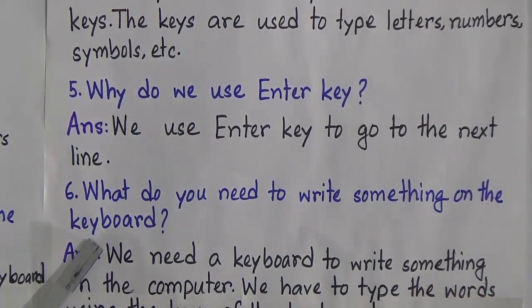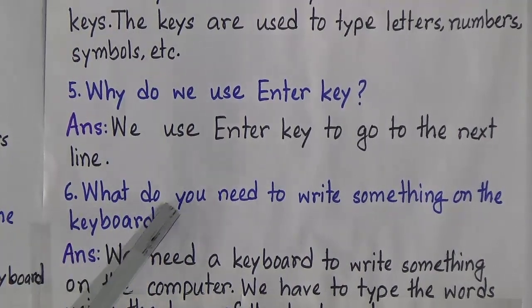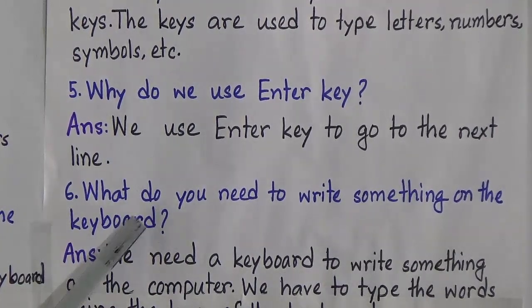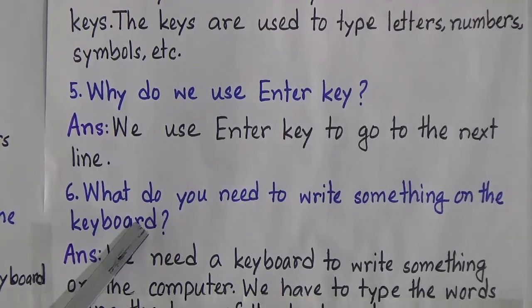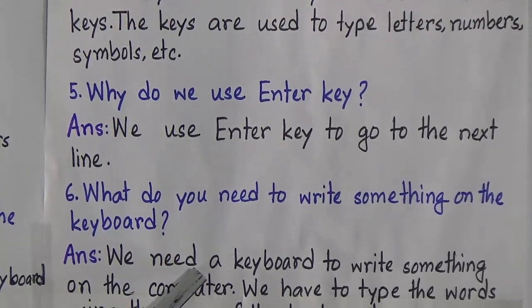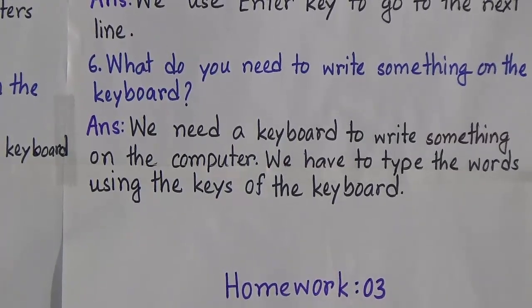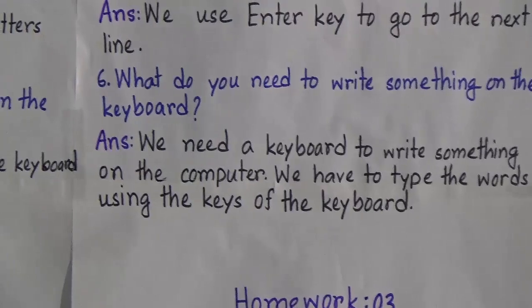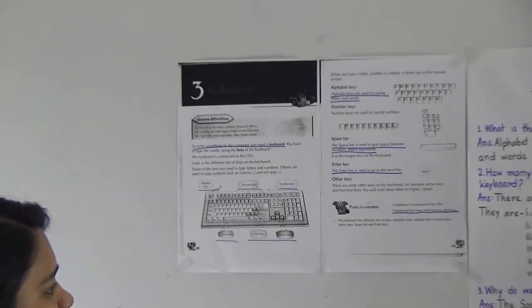Now the last one, question number 6. What do you need to write something on the keyboard? So what do you need? We all know this is key. We need a what? Keyboard. This is a keyboard. We need to write something, isn't it? Now look, you can get the answer from the first sentence of the chapter.